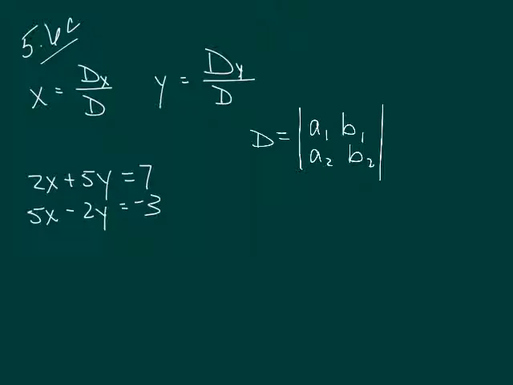That's what that equals. And if you remember, finding the determinant of a 2 by 2 is this times this minus this times this. That will give you your D, and that's the number that will go here and here.